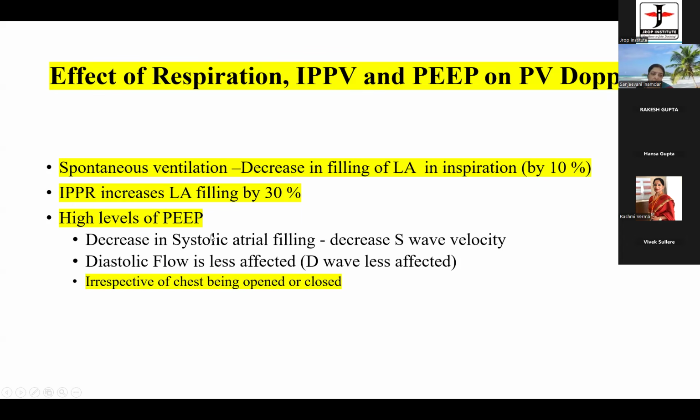So one has to take care that there is a decrease in systolic atrial filling. So this S wave reduction is not due to raised LAP. This is due to your PEEP. That is most important, because otherwise you will think that S is less than D, so LAP is increased. That is not the situation. It is basically a decrease in the venous return. Many times there is a fall in pressure, so one has to reduce the PEEP accordingly.